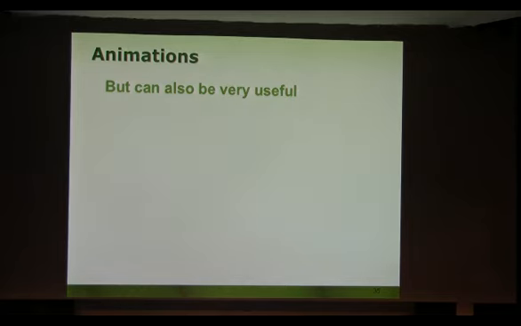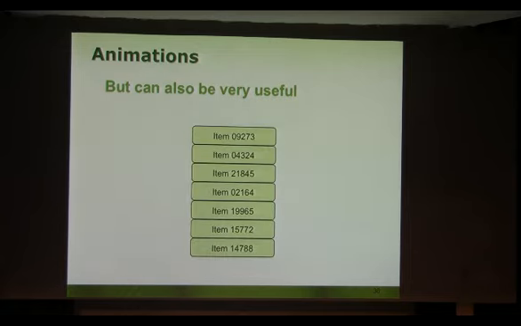If we use smooth animated transition, you will see it's really easy to understand. The animation just lasted 300 milliseconds, and you just got what happened. So animations, when they are well designed and well used, can be very, very useful.